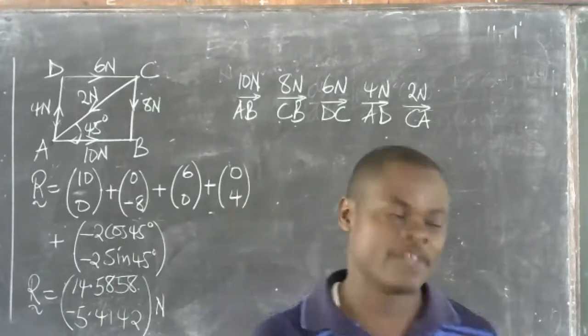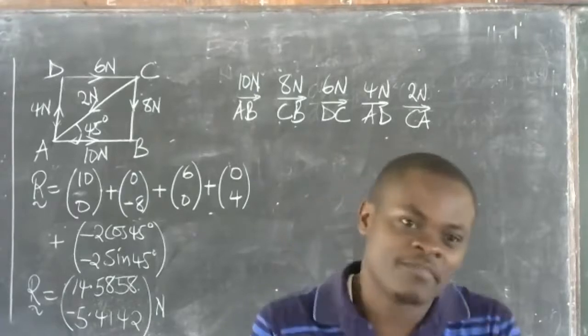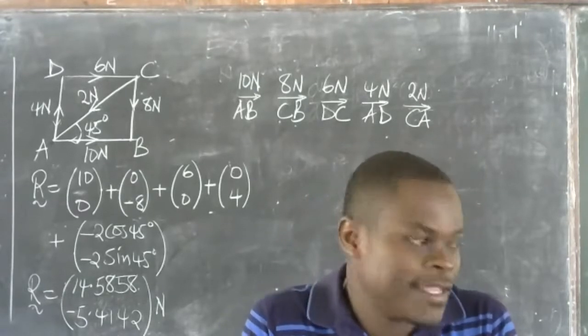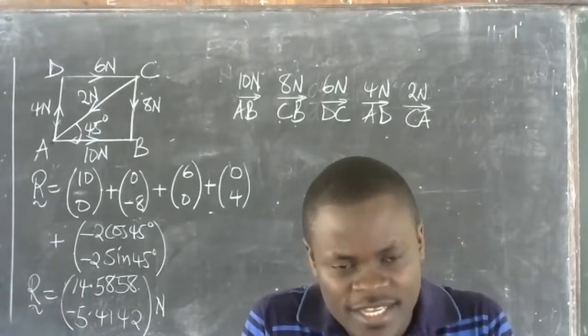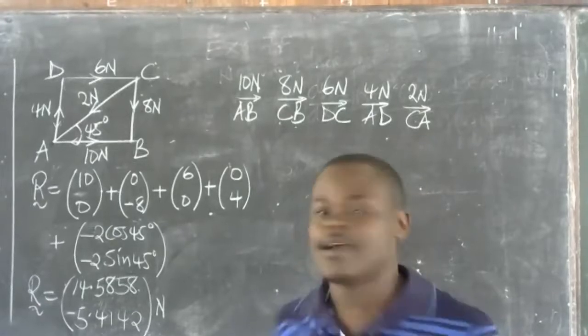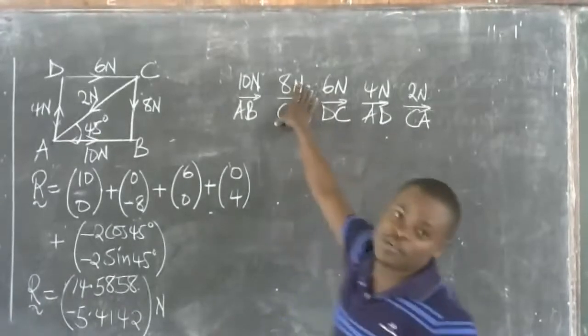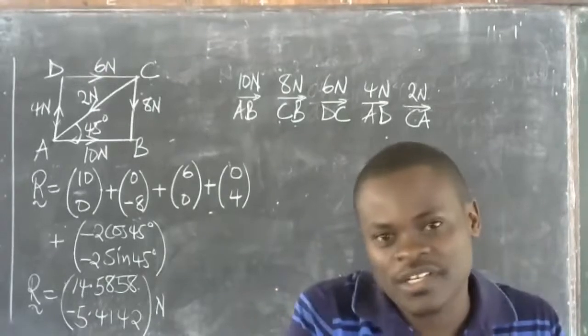In fact, some people even give them in IJ form as 14.5858i minus 5.4142j newtons. Please, that is not the resultant because these forces here were not given to you in terms of IJ form notation.